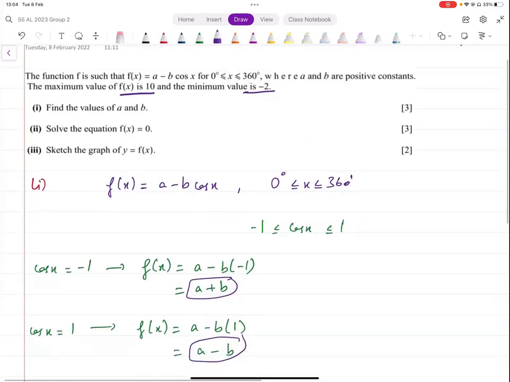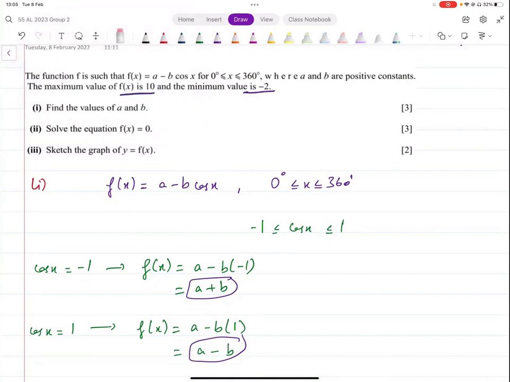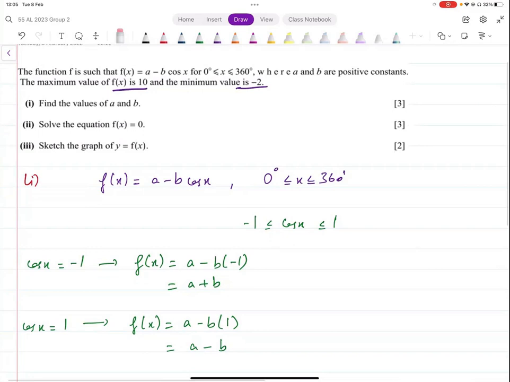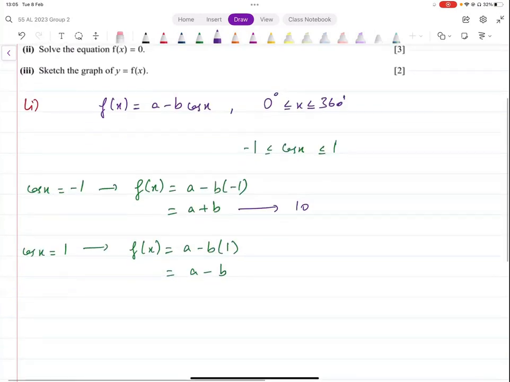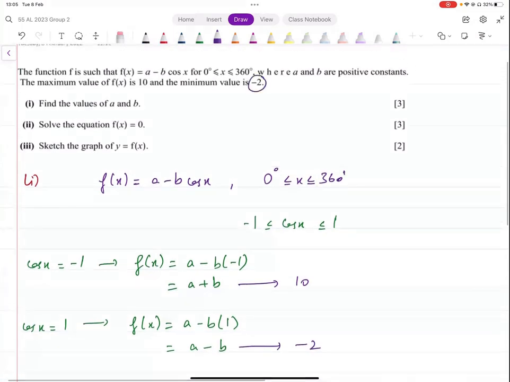Now you see it says a and b are positive constants. So which of these values is bigger, a plus b or a minus b? A plus b should be bigger, right? Because both are positive constants, adding gives a bigger number. That means the maximum value should be this one. A plus b should be 10, and a minus b should be -2, since the minimum value is given as -2.